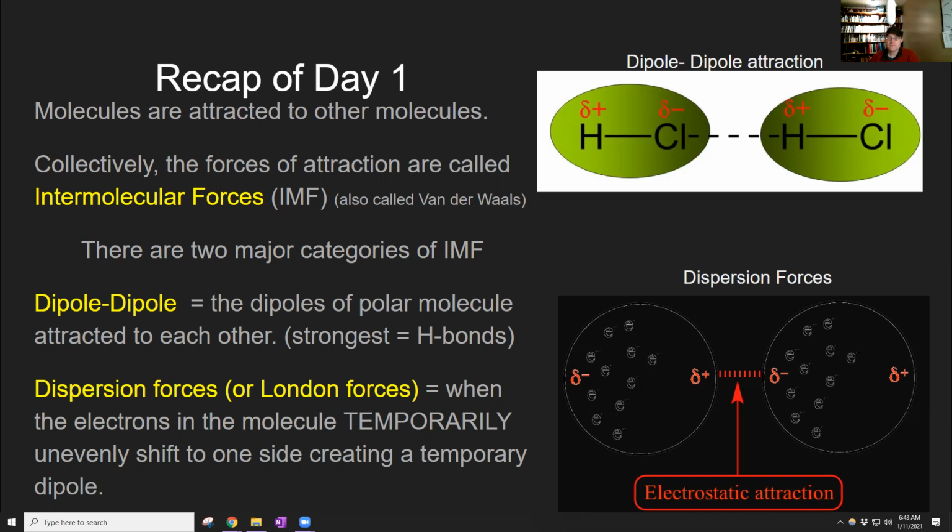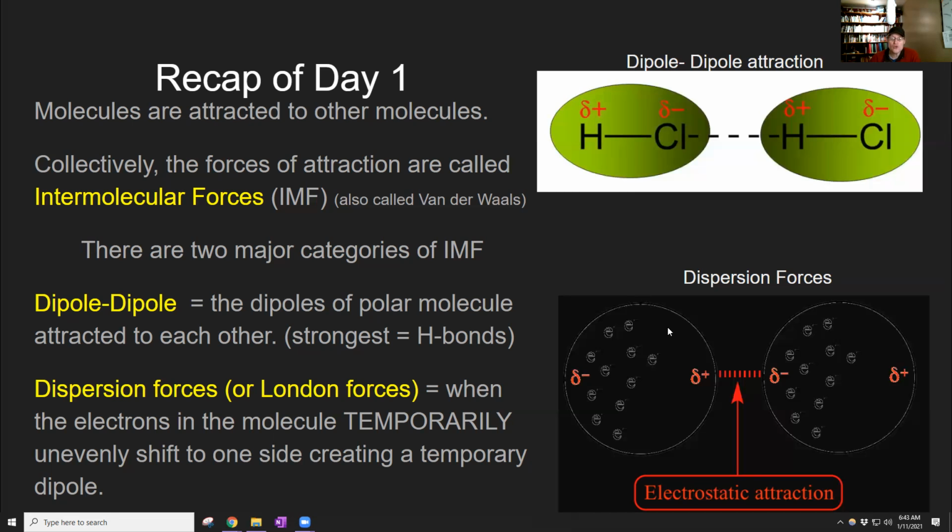Dipole-dipole attractions, again, are positive dipole from one molecule to negative dipole of another, and hydrogen bonding is the strongest type of dipole-dipole attraction. Dispersion forces are where you have a non-polar molecule and there's a temporary shift of electrons in one molecule to one side that then causes another atom or molecule next to it to have its electrons shift as well, creating temporary dipoles.